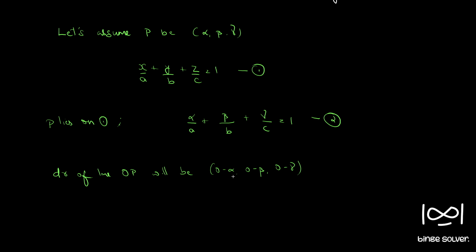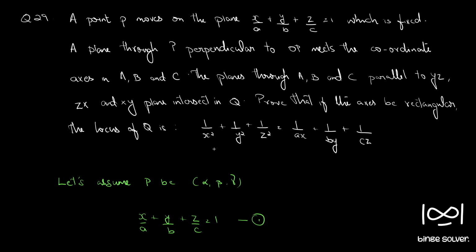Or we can take alpha minus 0, beta minus 0, gamma minus 0. We can take that also. Or we can say alpha, beta, gamma. These are the direction ratios. So direction ratios of line OP will be alpha, beta, gamma. And it is said a plane through P perpendicular to OP.